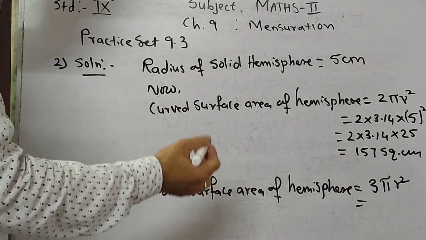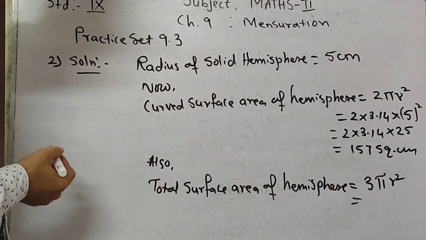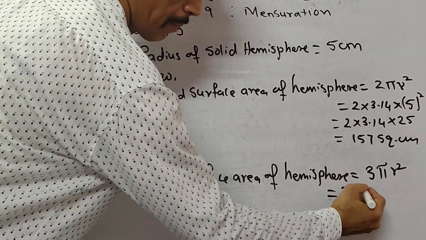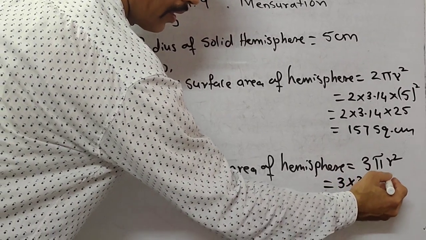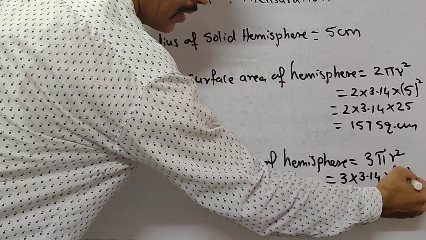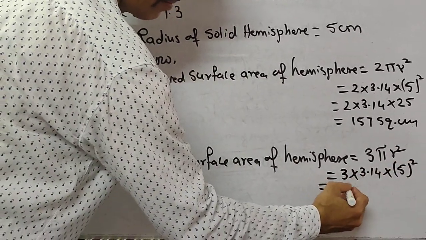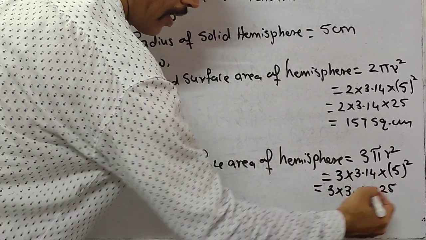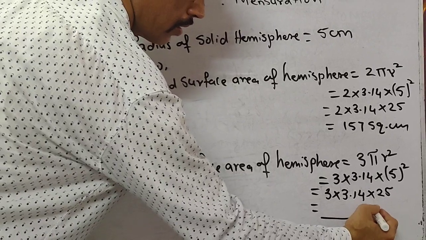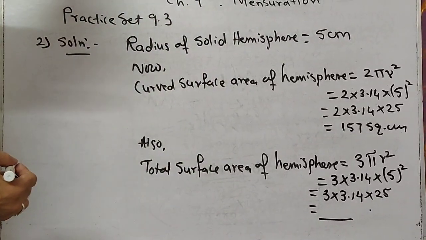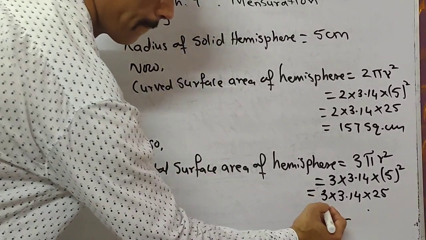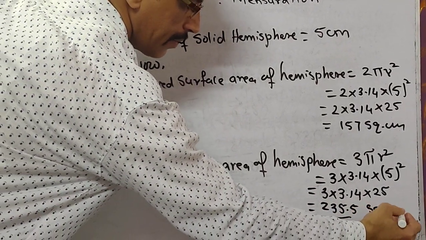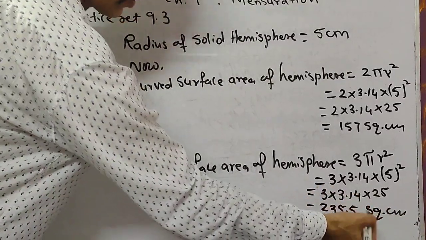So total surface area of hemisphere is 3 pi r square. 3 multiplied by pi value is 3.14 into 5 square. 3 multiplied by 3.14 into 25. If you will multiply all, okay, you will get the answer 235.5 square centimeter. 235.50 also you can write here.